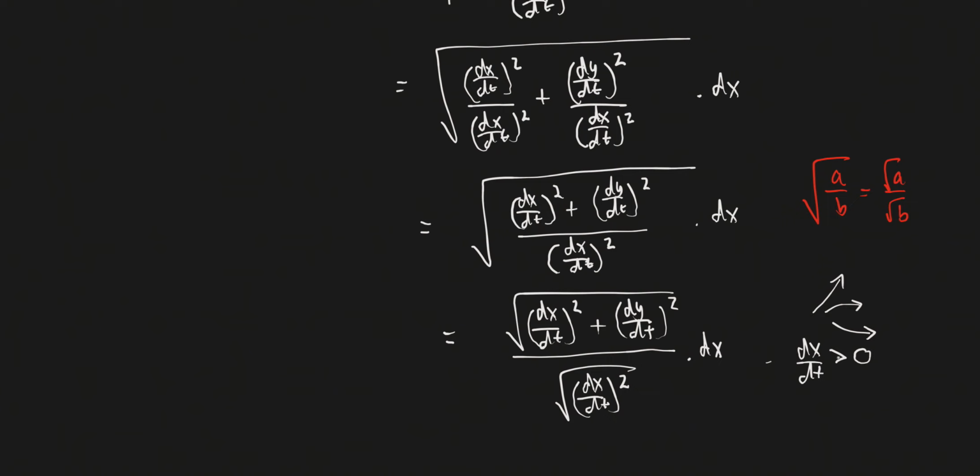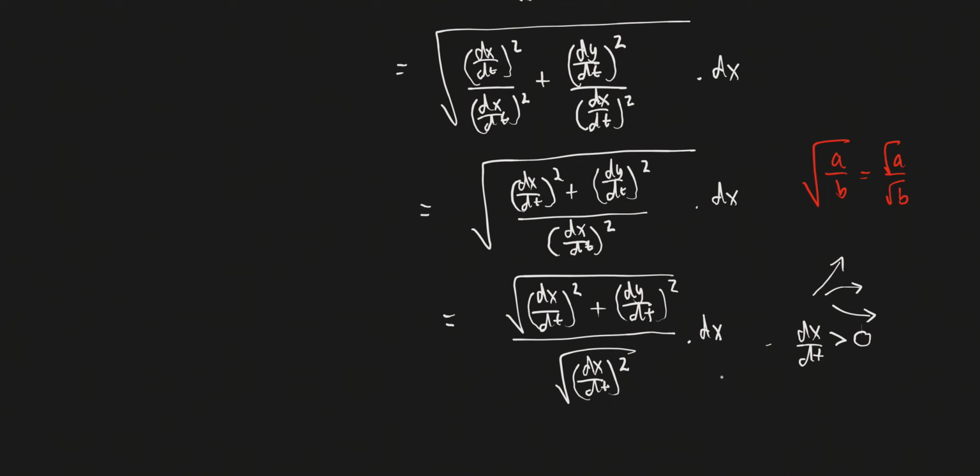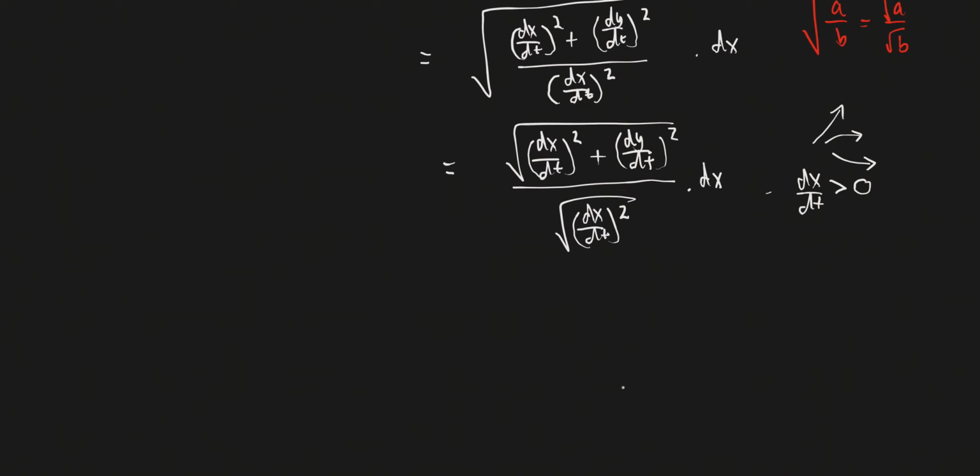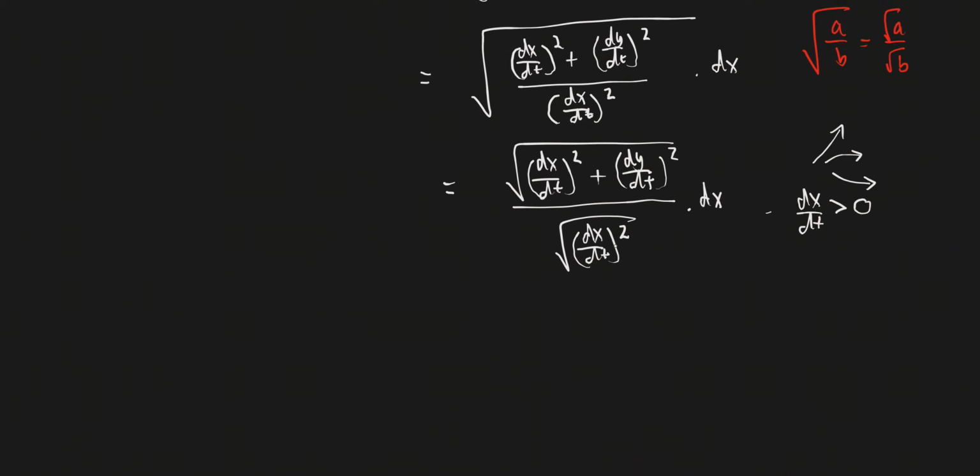That's a pretty important assumption, and it allows us to simplify this expression quite a bit. Look what happens under this assumption. If dx/dt is greater than 0, then the root and the square in the denominator will cancel out.